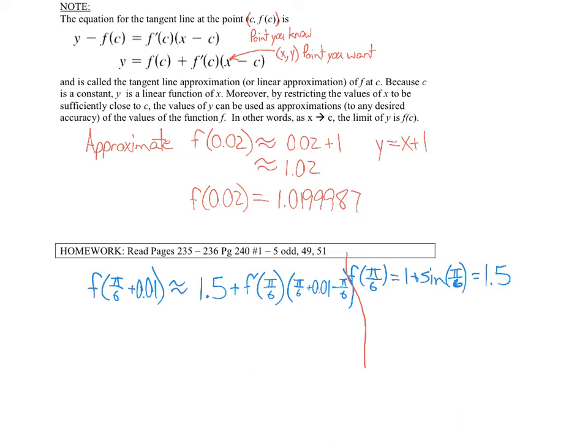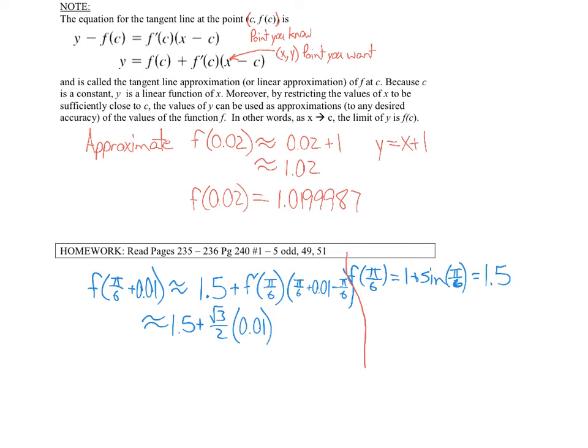But now notice this is something that we can figure out. It's 1.5 plus, okay, the derivative we already said was cosine. What's cosine of pi over 6? Square root of 3 over 2. Okay? Now, pi over 6 minus pi over 6 is 0, so I just have 0.01. Okay?